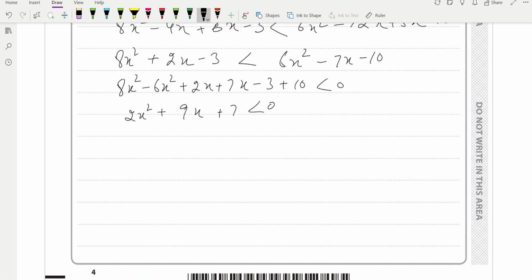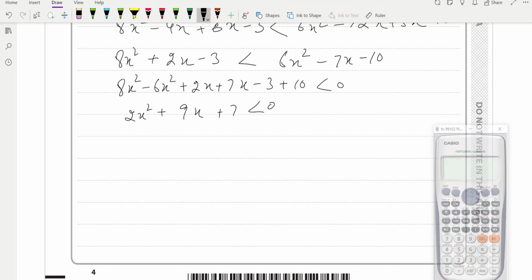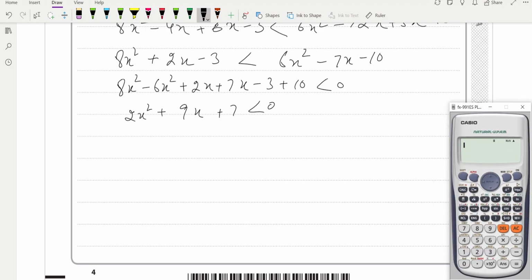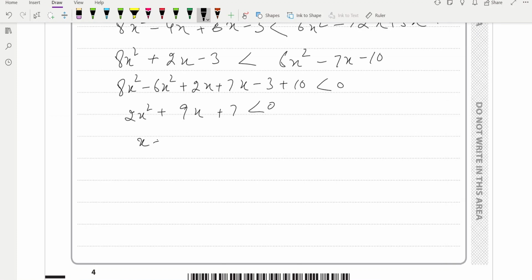Now the factorization part, we can use a calculator for that one. So this will be mode 5 3, and the coefficient of x squared is 2, the coefficient of x is 9, and then the constant is 7, so this is giving us minus 1 and minus 7 by 2, so we can write it as x plus 1, and the other term we can write as 2x plus 7, and this is less than 0.